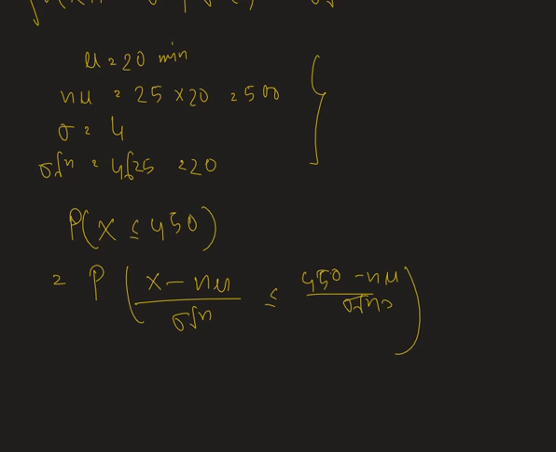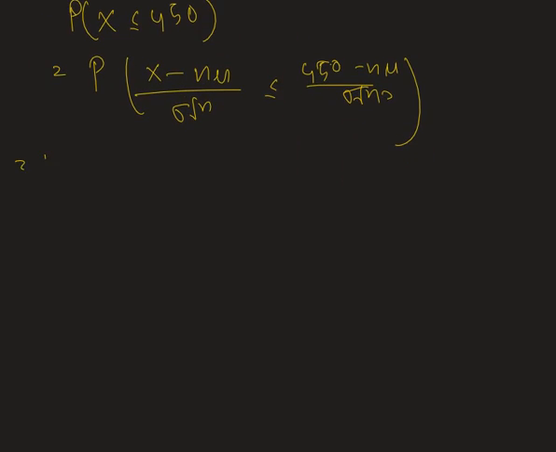Therefore, we get the probability of (X - 500) divided by 20, and on the right side we get (450 - 500) divided by 20.